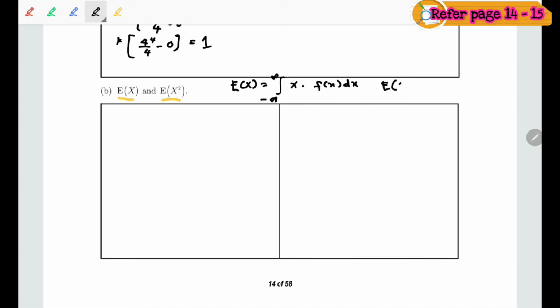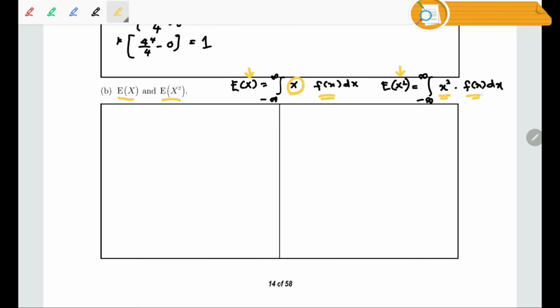To find the expected value of x squared, it is the integration of x squared multiplied with f(x) dx from the lowest to the uppermost limit. So what needs to be highlighted is that for E(x), we need to multiply by x with f(x) before we integrate. For E(x squared), we multiply x squared with the function f(x), simplify it first, and then integrate.